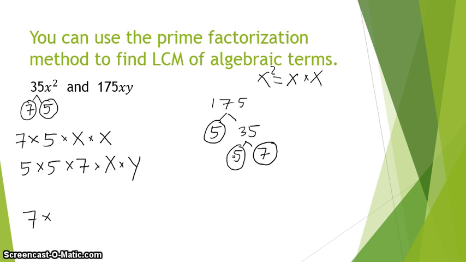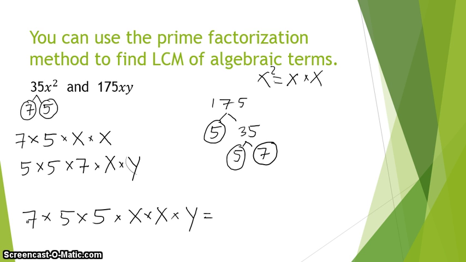It occurs more times in 175, so I'm going to use it twice. Then I'm going to look at my x's. The x occurs twice in 35x squared, and once in 175xy. So I'm going to use x twice. And then y occurs once in 175xy and 0 times in 35x squared. So I'm going to use y once.